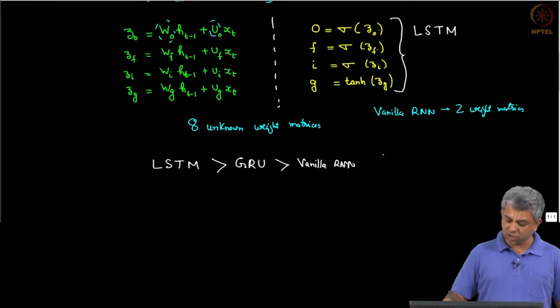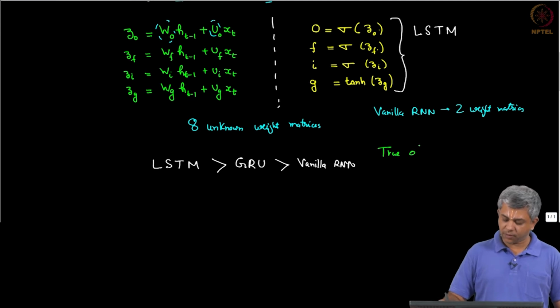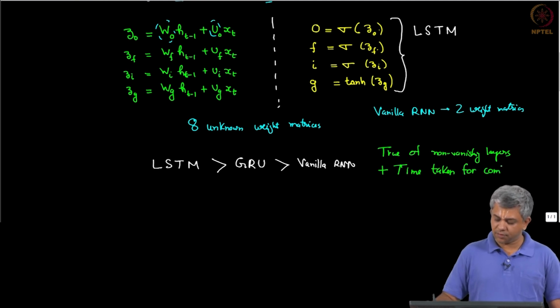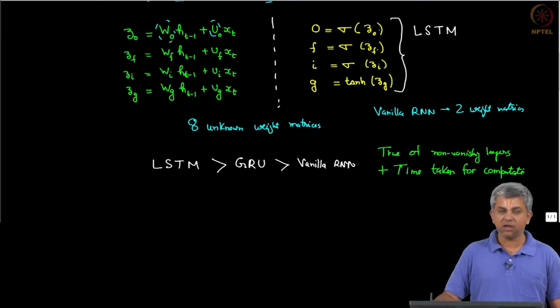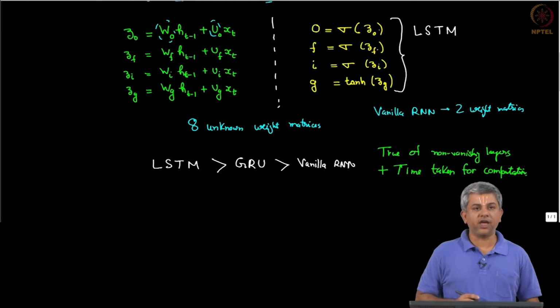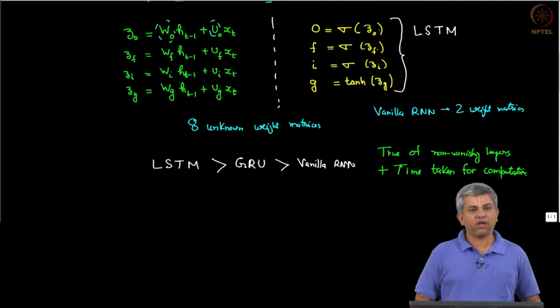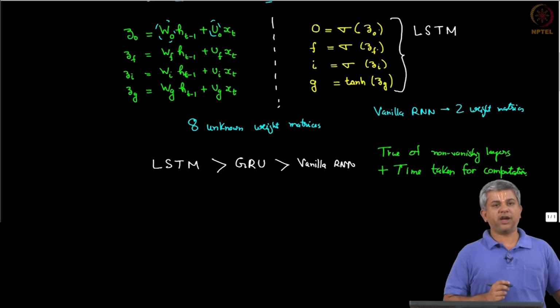So this is also true of the computation time taken. LSTM will typically be more difficult to train in terms of computational time, it will take greater time to train, and it will also take slightly more time to run because it has more matrices in there. So everything is greater about LSTM.